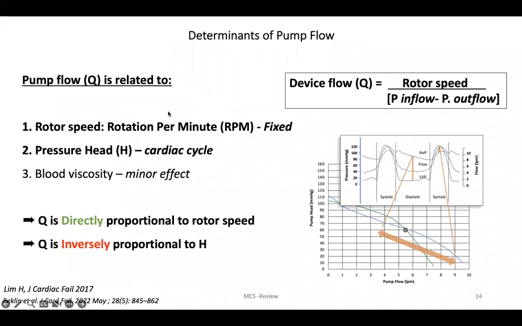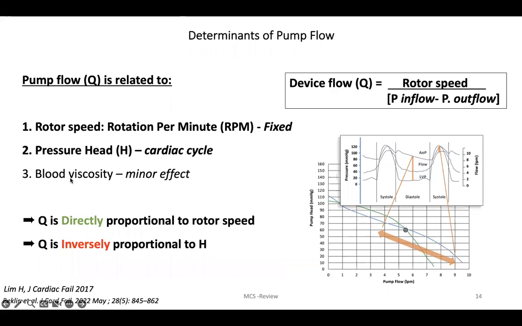So going back to the determinants of pump flow, of course, the pump flow is related to the rotor speed. As you increase the speed of the rotor, you're going to increase the flow, almost linearly. And this parameter is usually fixed. We set the pump speed, and again, the pressure head varies through the cardiac cycle.